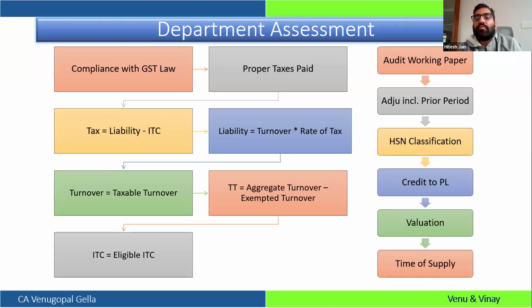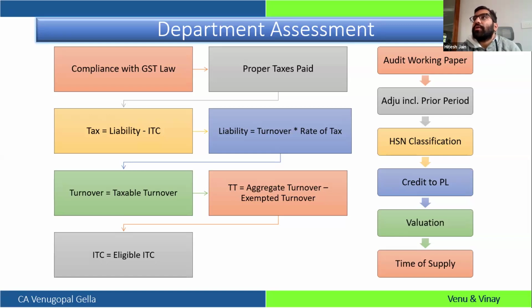For all these purposes, we need to have audit working papers. We need to classify our products and services under the correct HSN. We need to take care that the GST implication on all the credits to the profit and loss account has been done in a proper way.